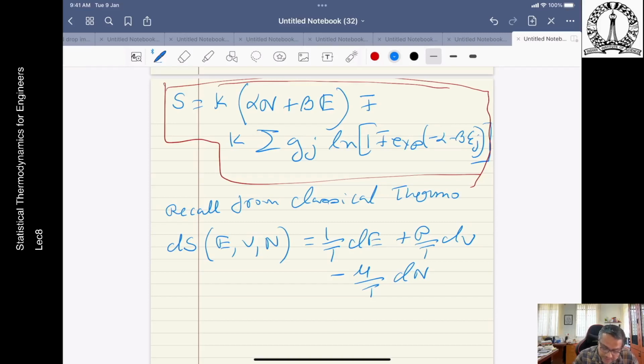So it is in terms of the 3 variables: energy, volume, and number. So this is what it is.